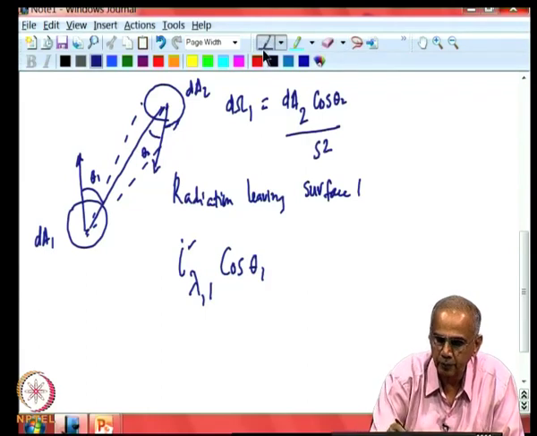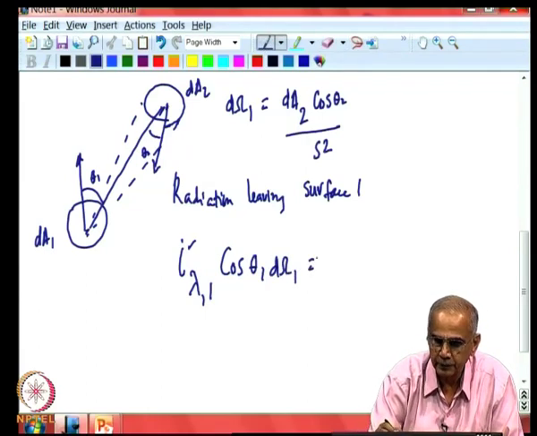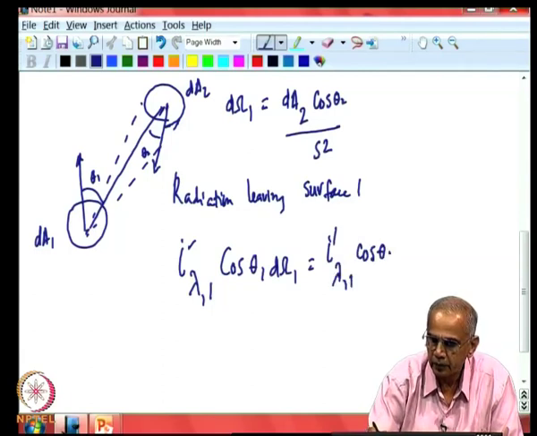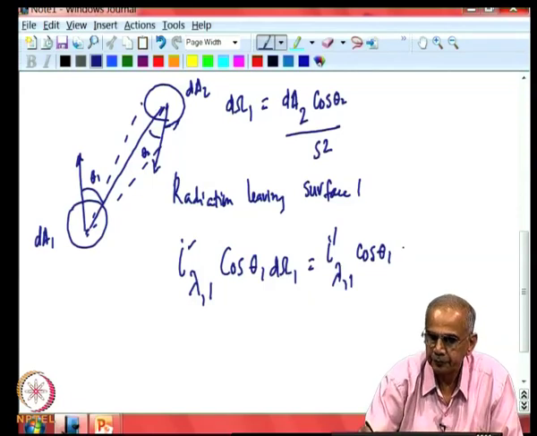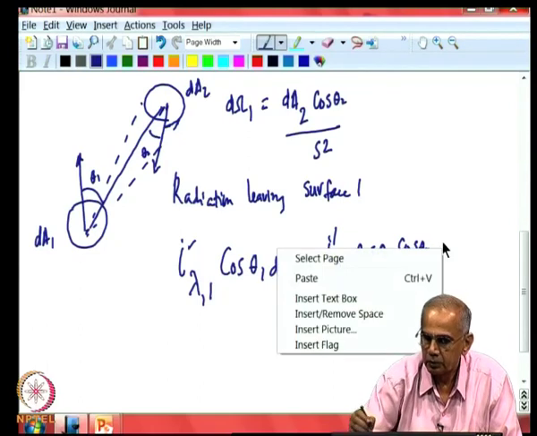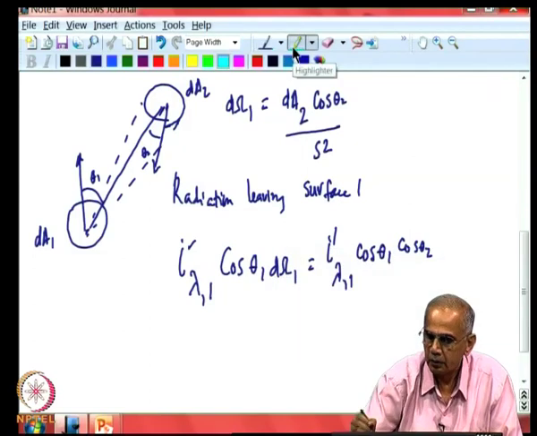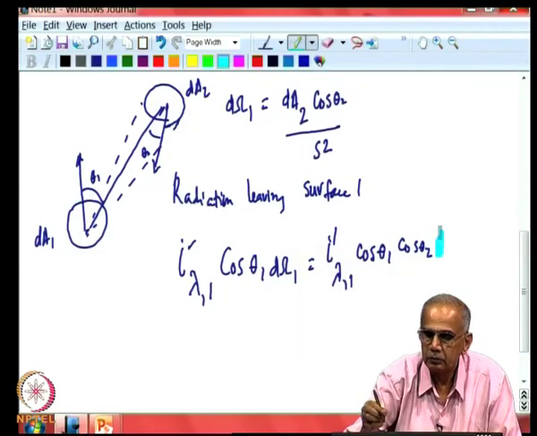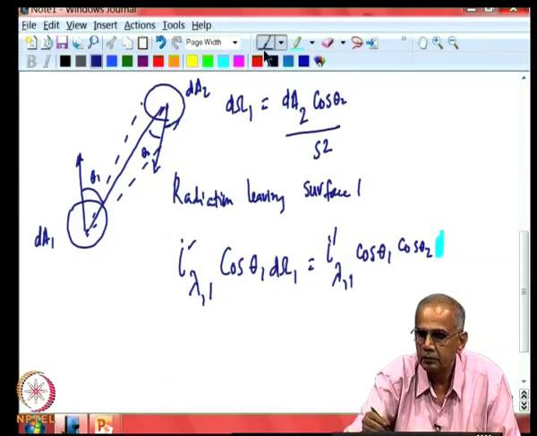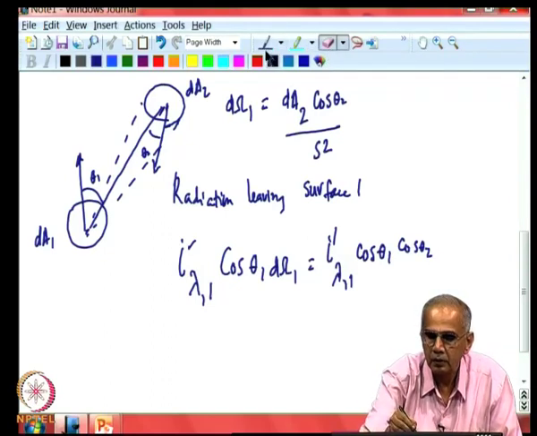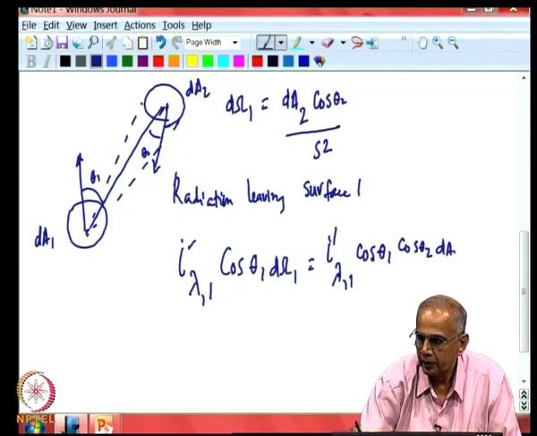We wrote this as d omega 1, which can be further expanded to I prime lambda 1 cos theta 1 cos theta 2 dA 1 dA 2 by s square d lambda.